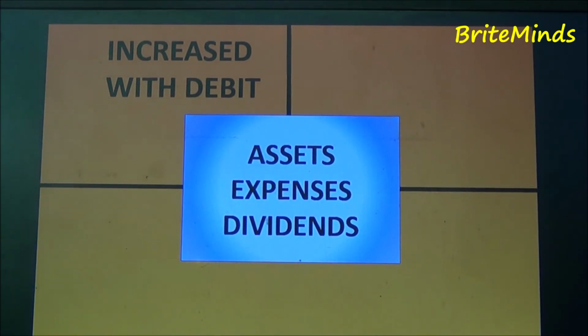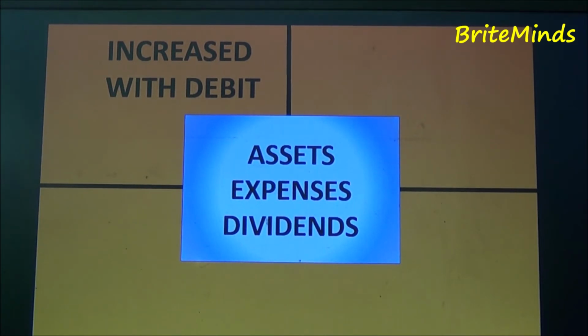And then we go to the dividend accounts. Dividends are the income distributed to stockholders. It can be in the form of cash, stocks, or property.